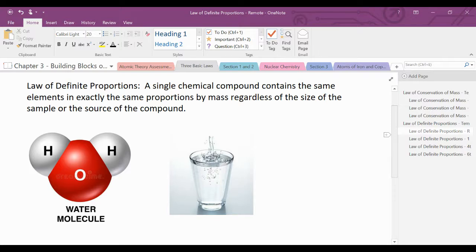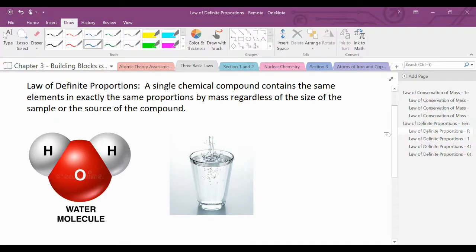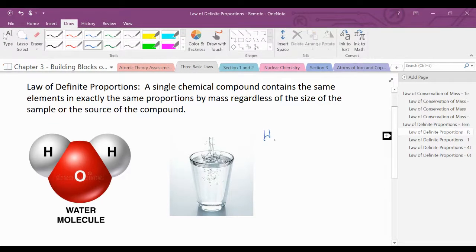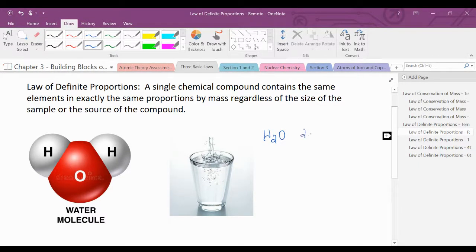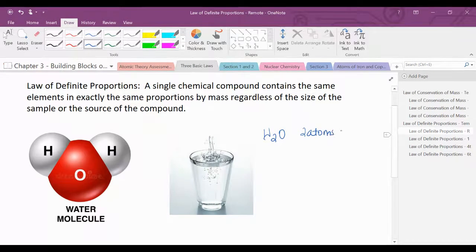And if I went and got water from your house or my house, again, the sample of water would still contain the same percentages. At some point this year, we'll talk about how we determine our percentages, right? But for now, I'm just going to give them to you. Okay, so if I have water, we can see this water molecule has two atoms of hydrogen, and it has one atom of oxygen.